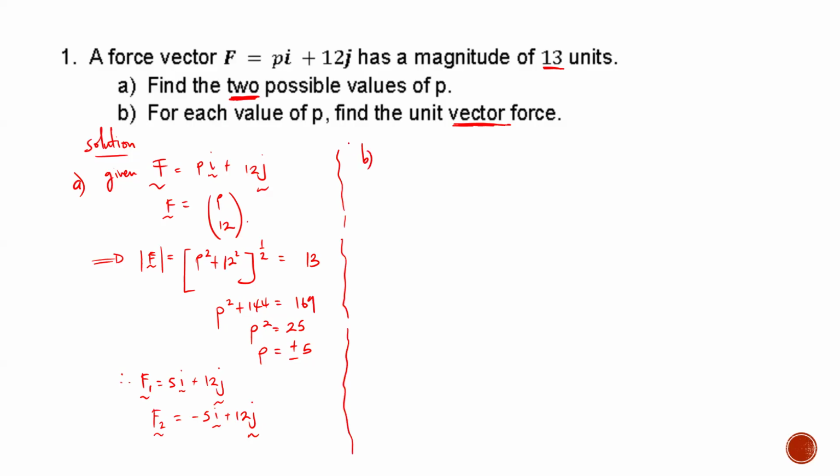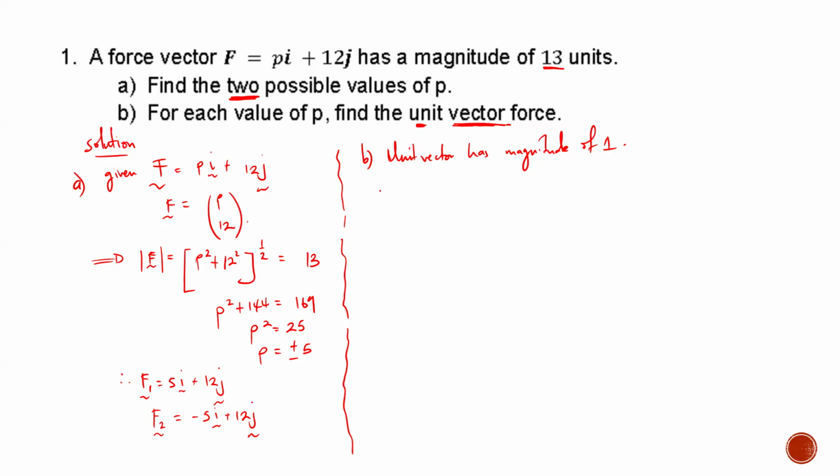Then part B says for each value of P, find the unit vector force. What we understand is a unit vector has a magnitude of 1. You should have that at the back of your mind, and when you see the word unit, you have to be able to relate that.